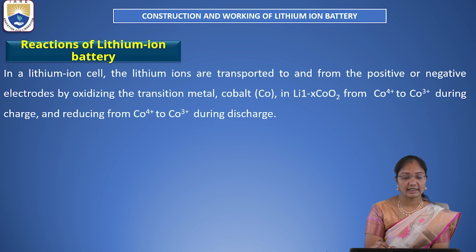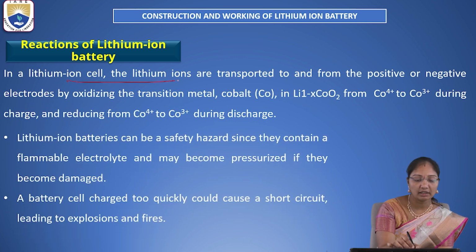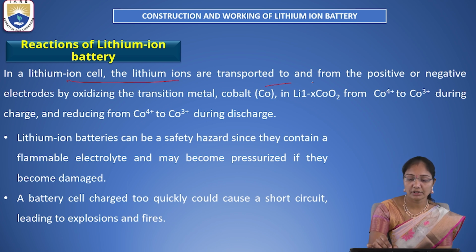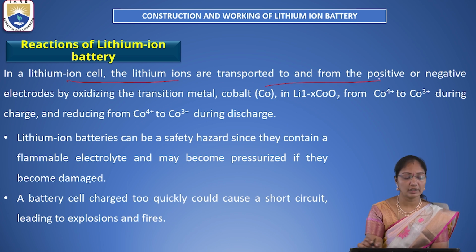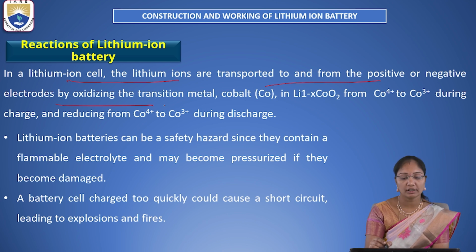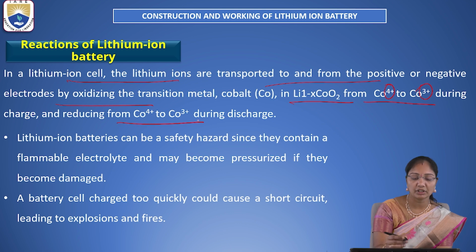So another reaction produced in the lithium ion battery: in a lithium ion cell, the lithium ions produced at the anode are transported to and from the positive or negative electrodes, either by oxidizing or reducing the transition metal cobalt, Co, in lithium cobalt dioxide. So it is going to change its state from +4 to +3 during charge, and it is reversible.